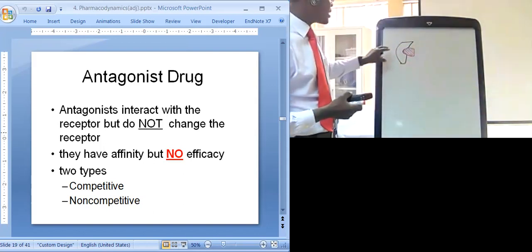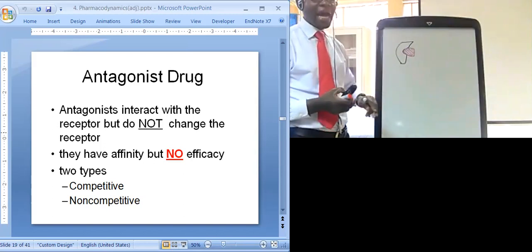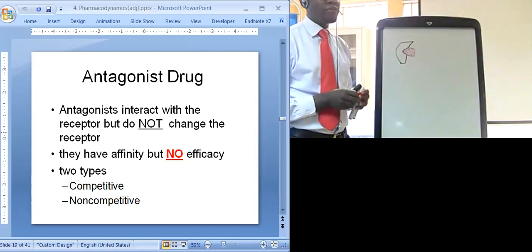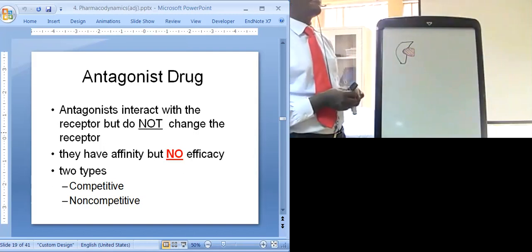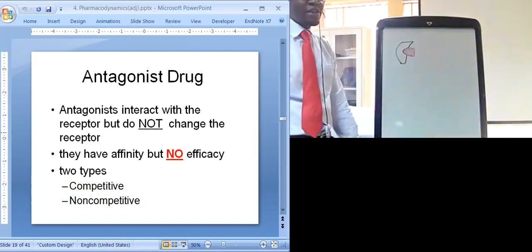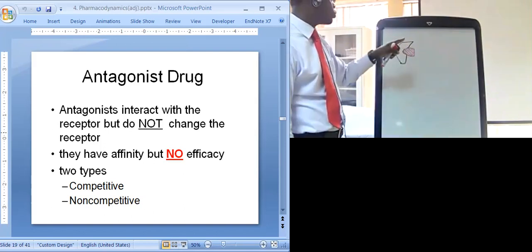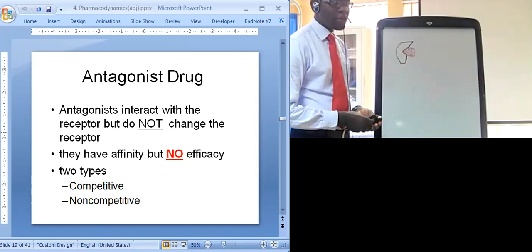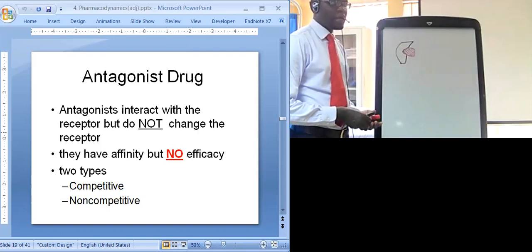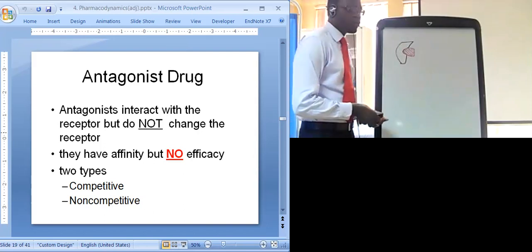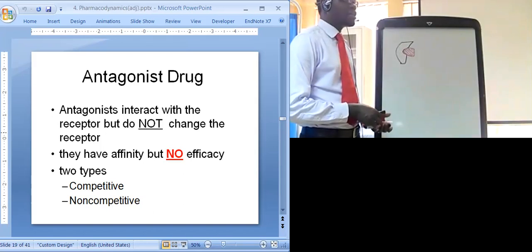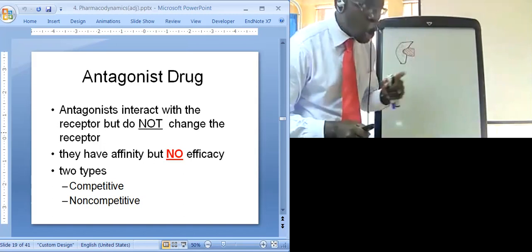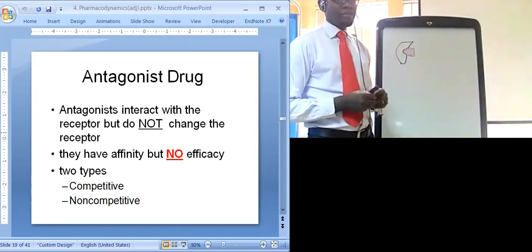It binds and seals off the space, and therefore other agonists or other drugs are not able to come and bind to the receptor. So we say that an antagonist has affinity, but not efficacy.